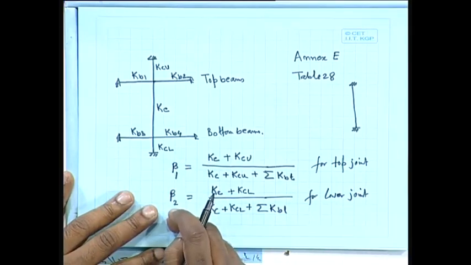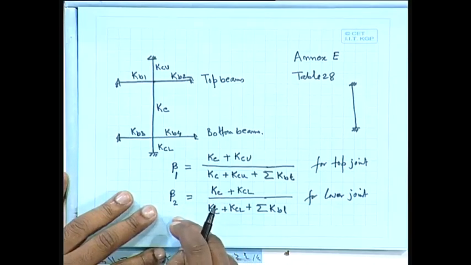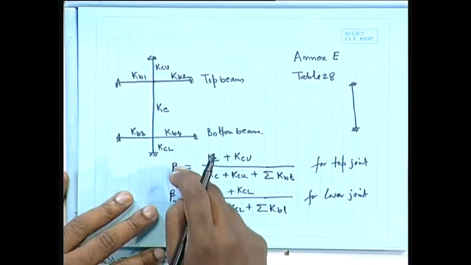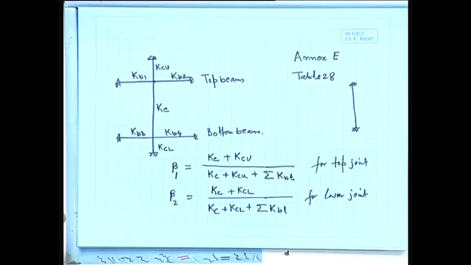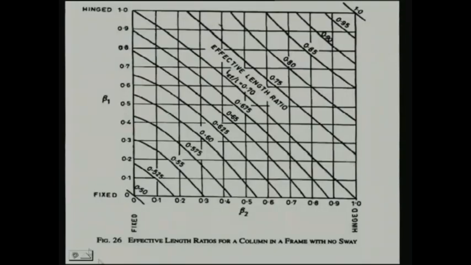Now, our code gives two tables from where we can find the effective length using this beta 1 and beta 2. This is your one table, and you will get it in Annex E, Figure 26, effective length ratios for a column in a frame with no sway.